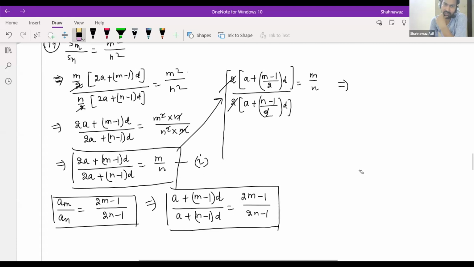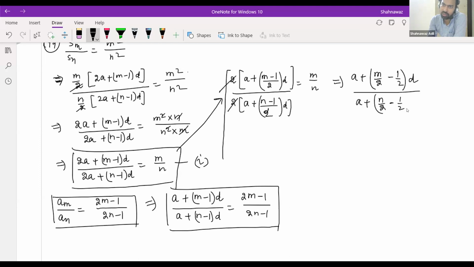And we know that if I write this one as m by 2 minus 1, this is a plus m by 2 minus 1 by 2, into d, and this is a plus n by 2 minus 1 by 2 into d.